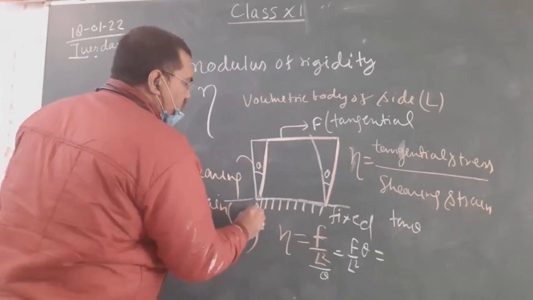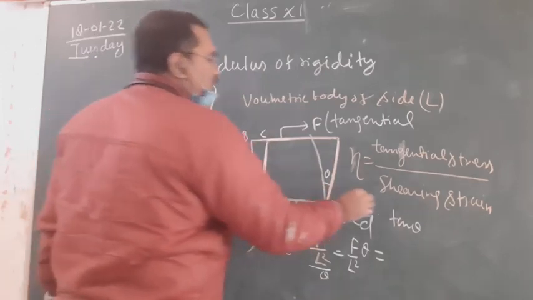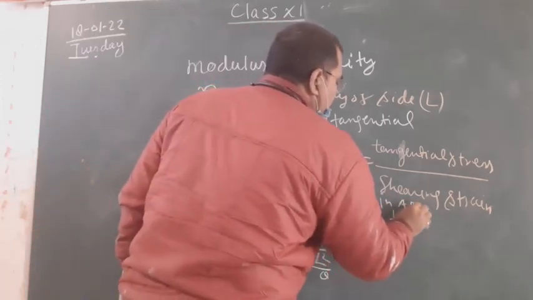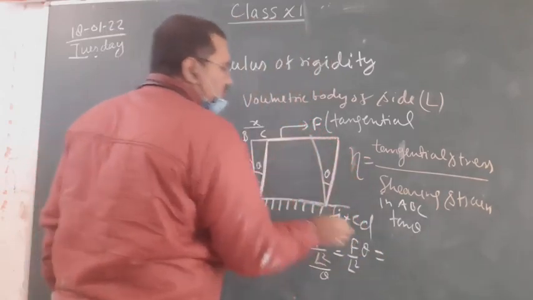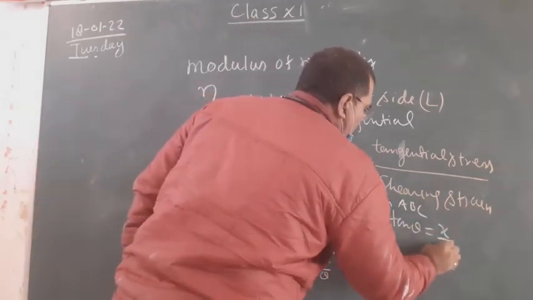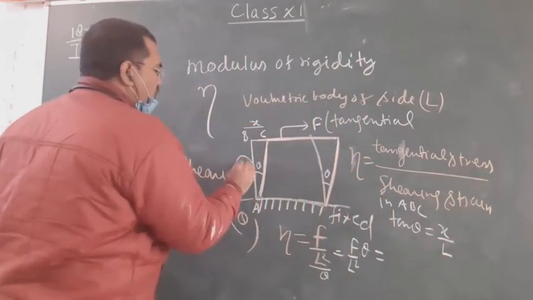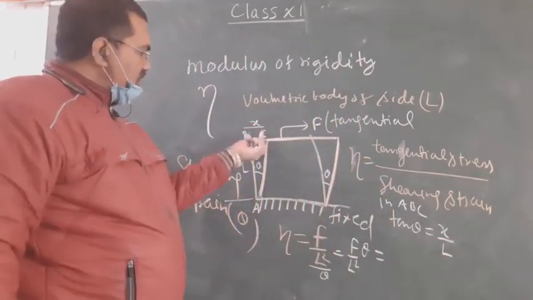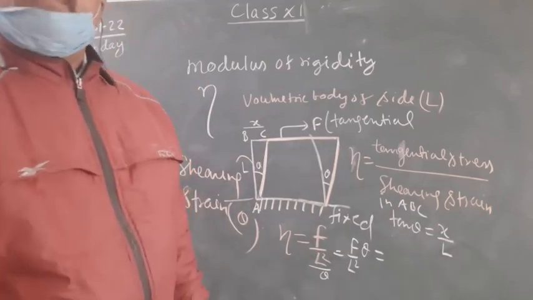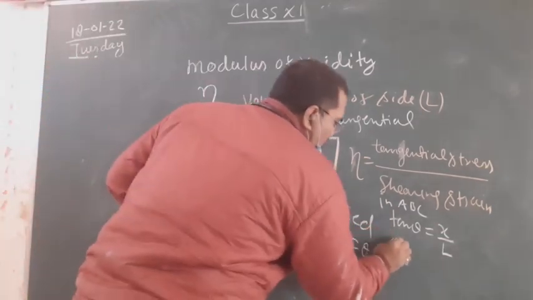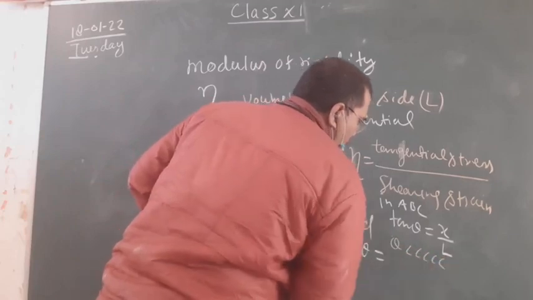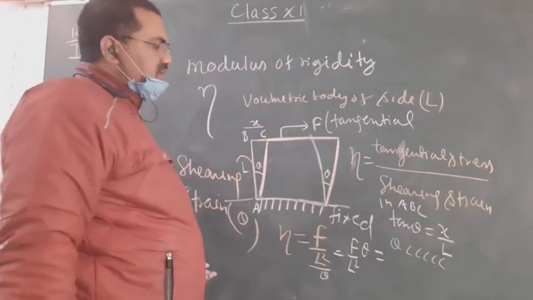Take triangle ABC. In ABC, suppose this is x, tan theta equals x upon L. This is L. Tan theta equals x by L. Since theta is very small, you can consider tan theta as theta.